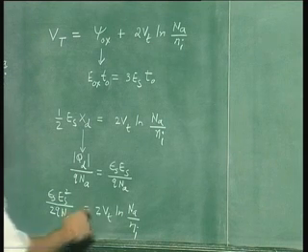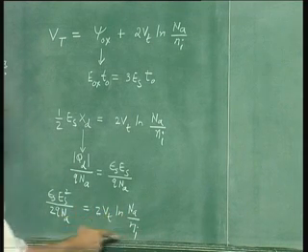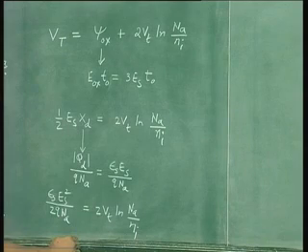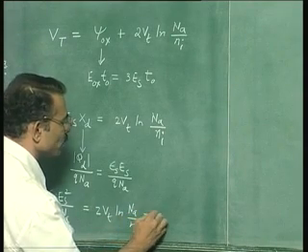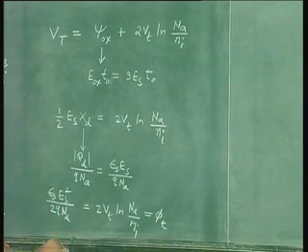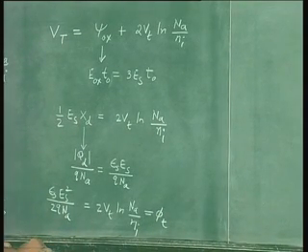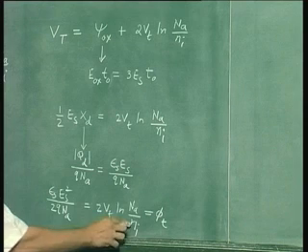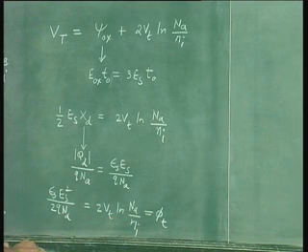Now let us indicate this particular voltage, which is coming often, with a symbol, so that we do not have to write this whole term. Let us call this voltage phi t, that is the surface potential at threshold.